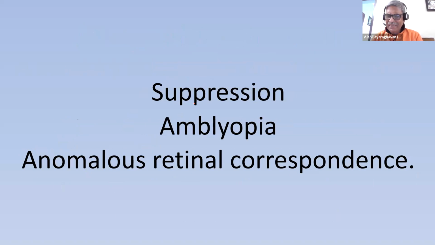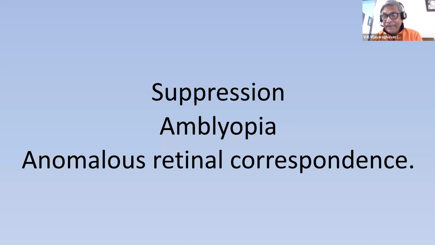There can be many types of suppression. There is obligatory suppression, or facultative suppression. What is facultative? Only when both eyes are open, the suppression is there. When you close one eye, the suppression is relieved. Whereas obligatory means the vision of the squinting eye is always suppressed.